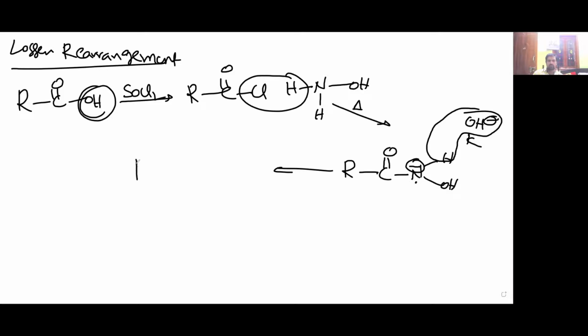Then what is the product? R-C double bond O, N minus, here OH is there. Here you added the KOH base, so K plus is there. This is the acidic hydrogen, so water is eliminated, K plus is there.